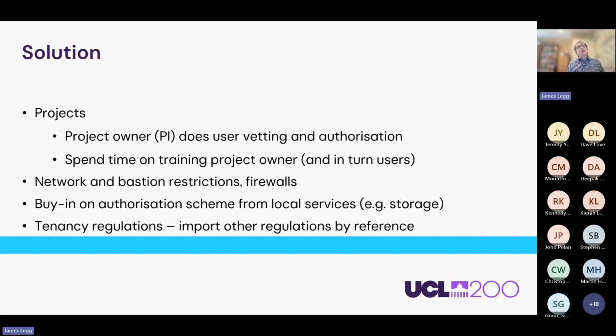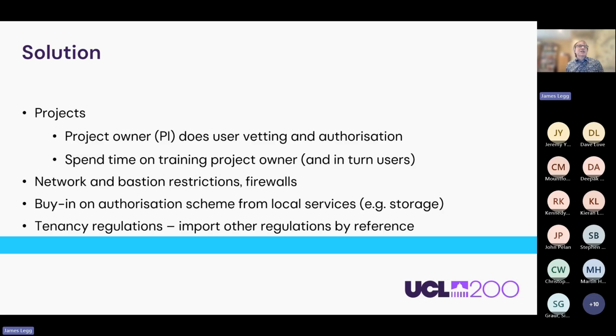This means you can get the project owner to vet the users, make sure that they fit in with perhaps the grants and other regulations, and then to actually authorize those users to put them on a list. So that when they are authenticated by MyAccessID, they then get in, and they can use the services.